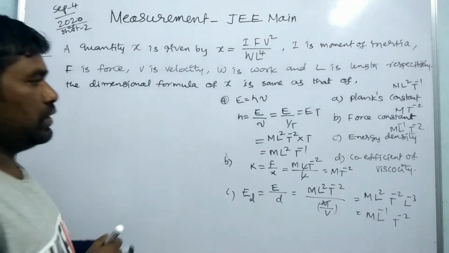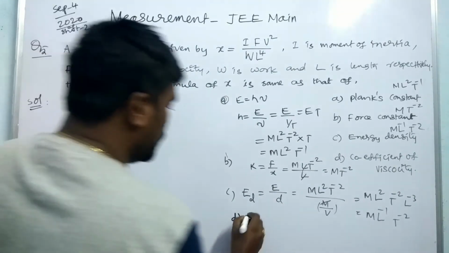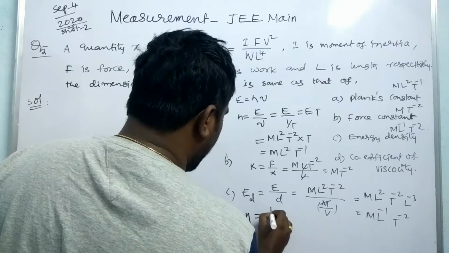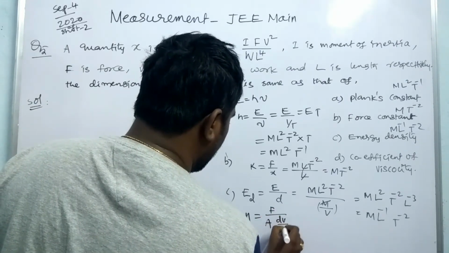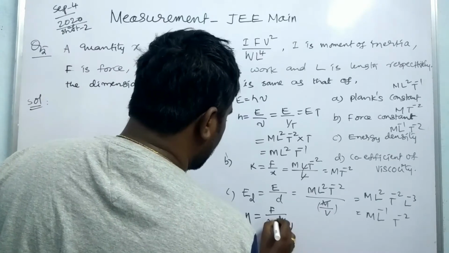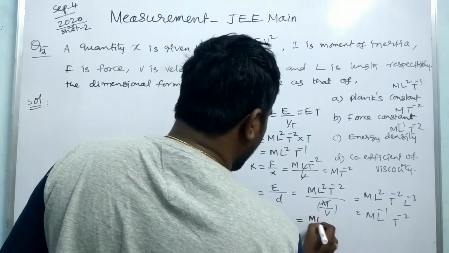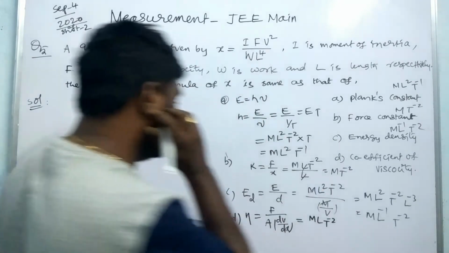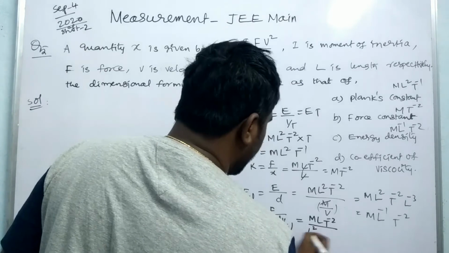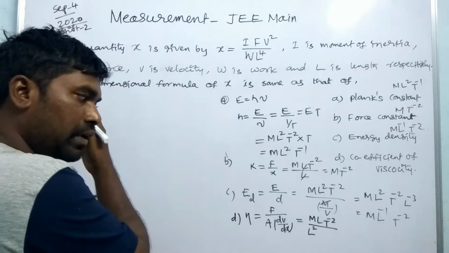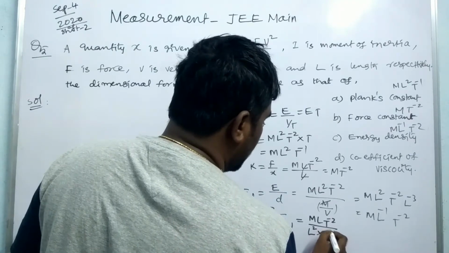Now the last one, what is that? Coefficient of viscosity. Eta is equal to F by A into dV by dx. Where F is M L T minus 2, A is L square, and dV by dx is velocity by length, L T minus 1 by L, so it is T minus 1.